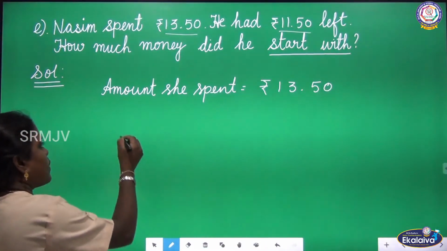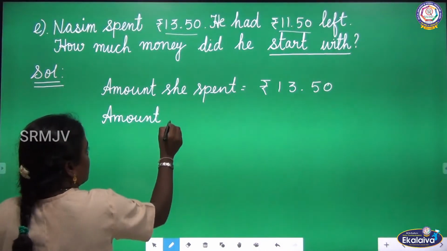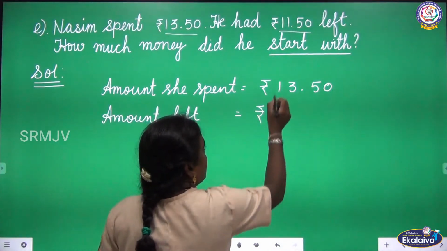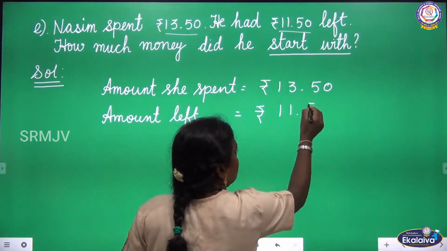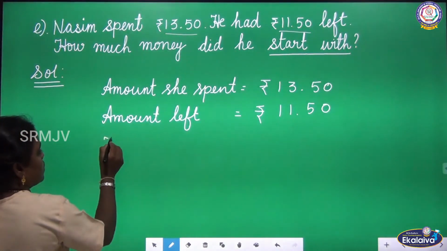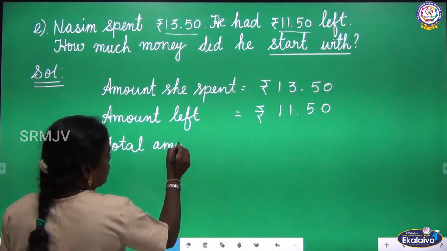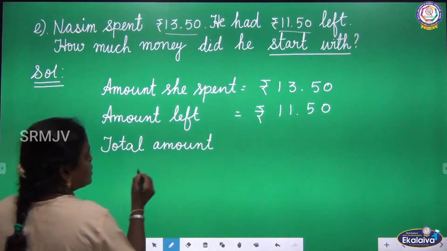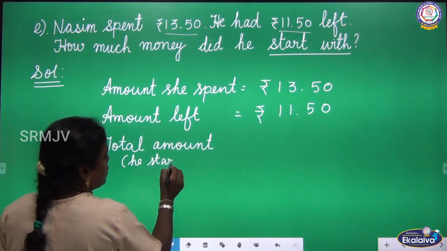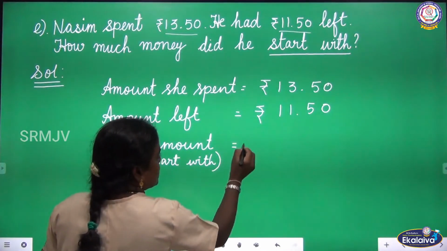So next statement, amount left, that is equal 11 rupees and 50 paise. So now we are going to find out the total amount, that is, he started with. So let us add the amounts.